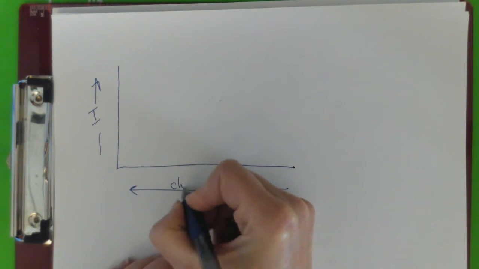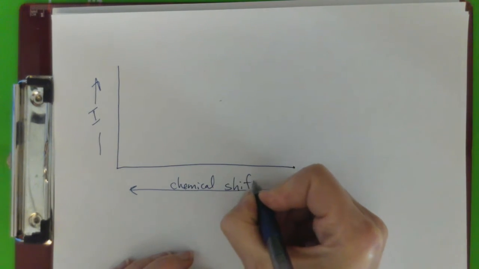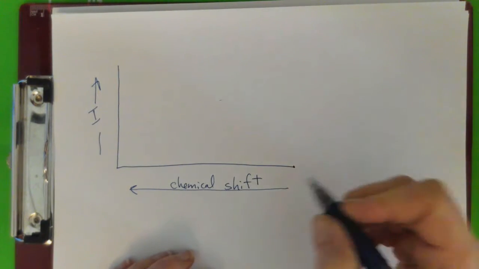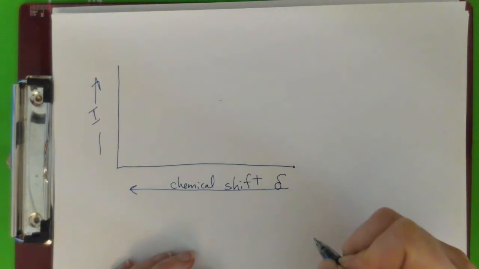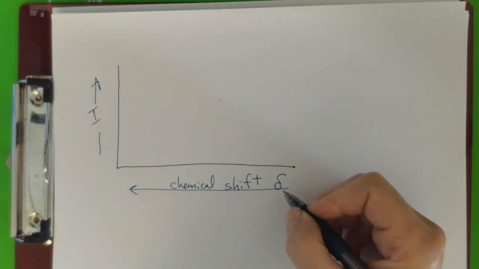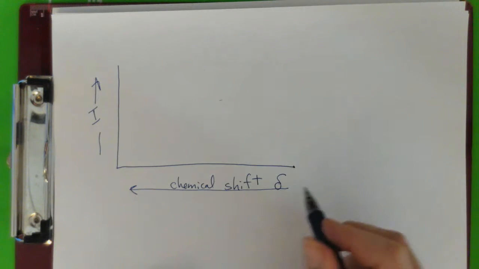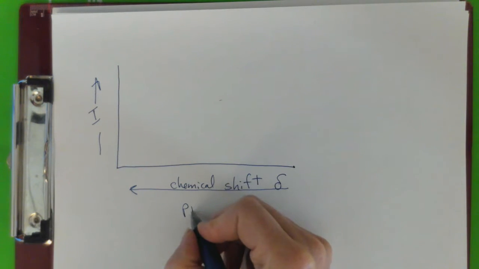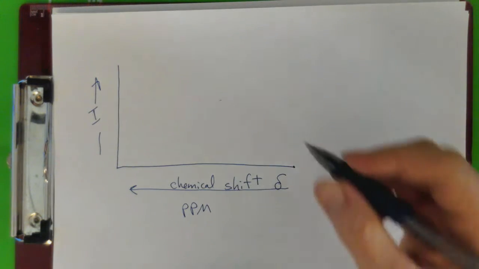So this is our chemical shift. If you see this delta, this Greek letter here, that is the abbreviation for chemical shift. So delta just means chemical shift, and this is measured in parts per million.